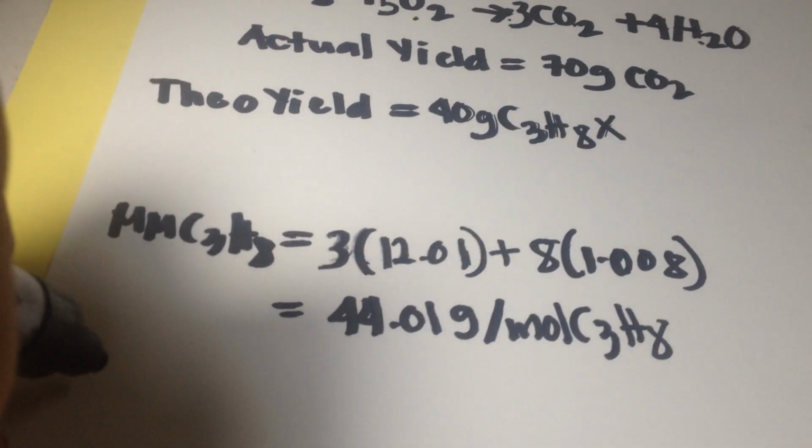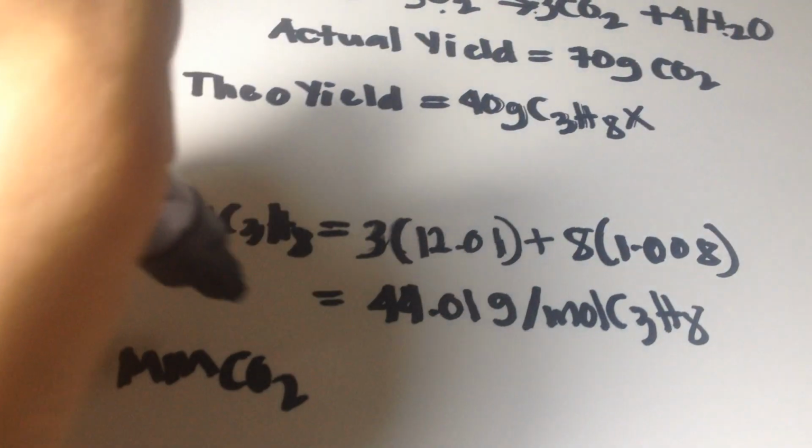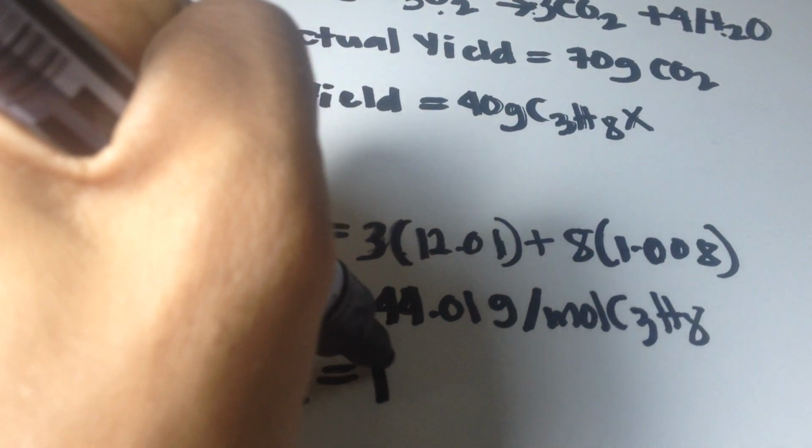And we have the molecular mass of carbon dioxide, which is 44.01 again, grams per mole of carbon dioxide.